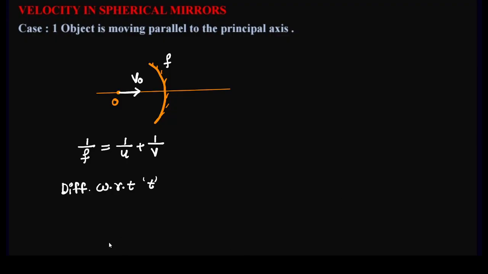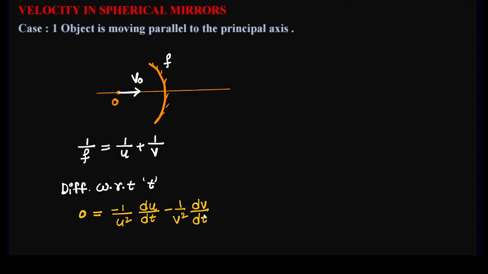So differentiation of f will be 0, which is equal to minus 1 by u square into du by dt, minus 1 by v square into dv by dt.